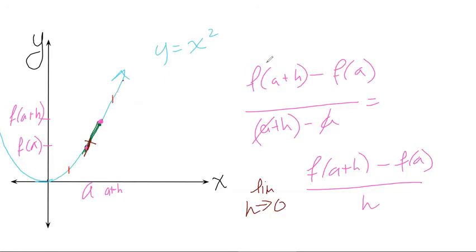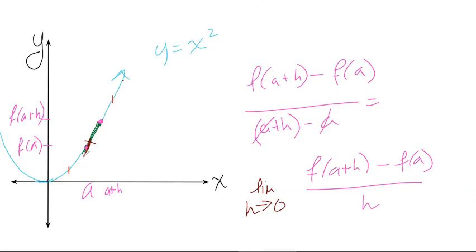If we tried plugging in the values right here, we would be getting f of 1, which is 1, and f of 1 plus the distance to 3, which is just 2. 1 plus 2 is equal to 3. So f of 1 plus 2, which is f of 3, is just equal to 9. So that's going to be 9 minus 1 divided by 2. And that's going to be the average slope right here.